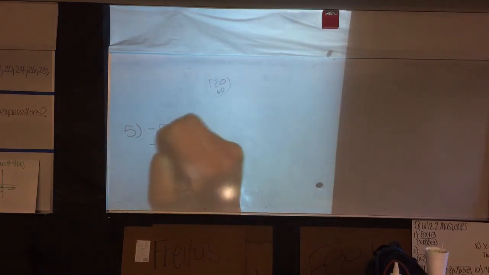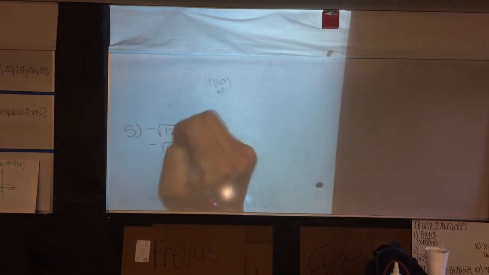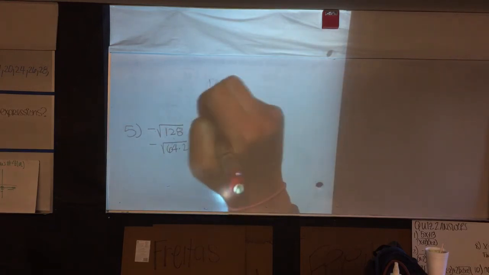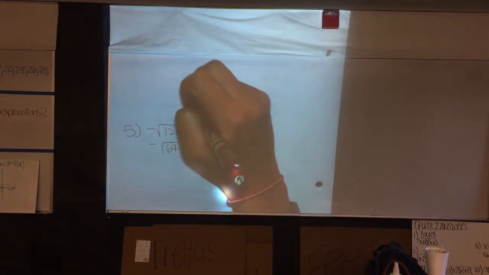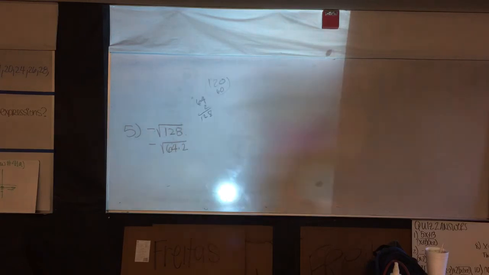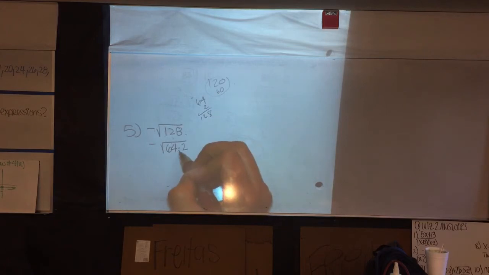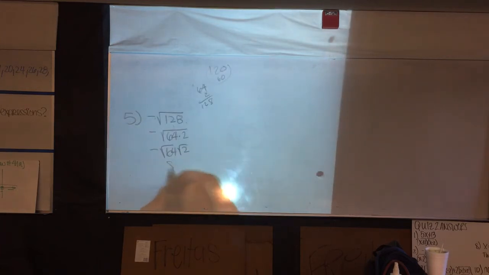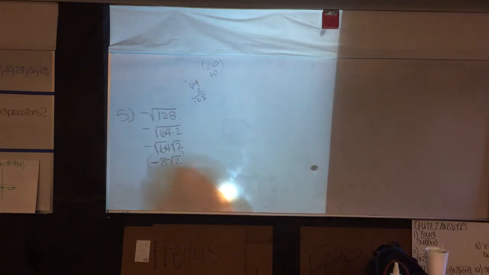So I might check that with a calculator, I might check it with multiplication, and it is 128. And I like the 64 because the 64 is a nice big square number, and I can square root 64. Square root of 64 is 8, and then my root 2 cannot be square rooted, and then that negative needs to come right down in front. And that's how I got negative 8 root 2.